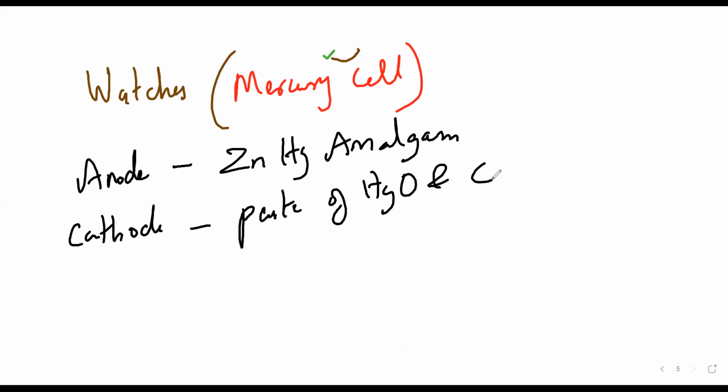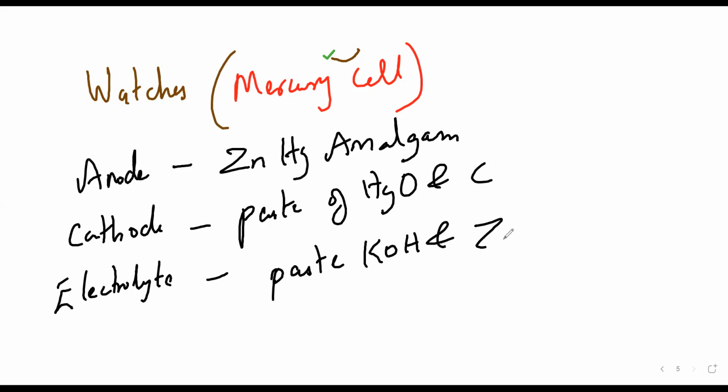And if you ask me about the electrolyte here, the electrolyte is a paste of potassium hydroxide and zinc oxide, ZnO. Coming to the reaction point of view, the anode is, as we all know, zinc mercury amalgam, and the cathode and electrolyte are as follows. So let's take a reaction here.